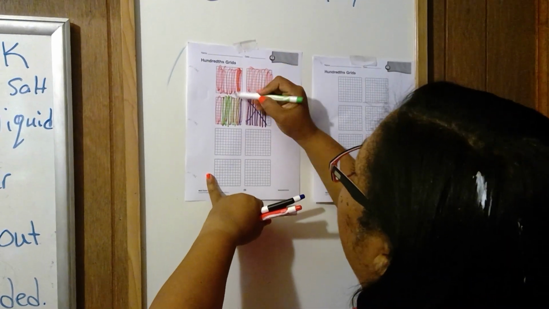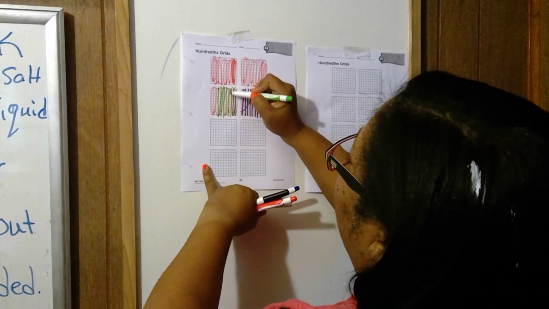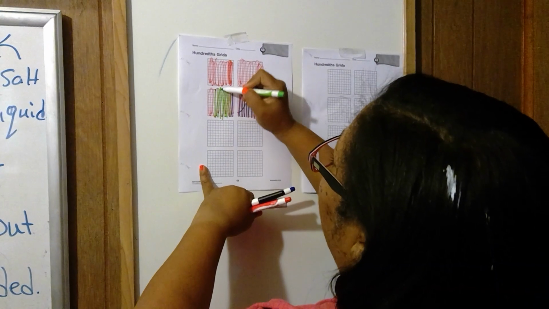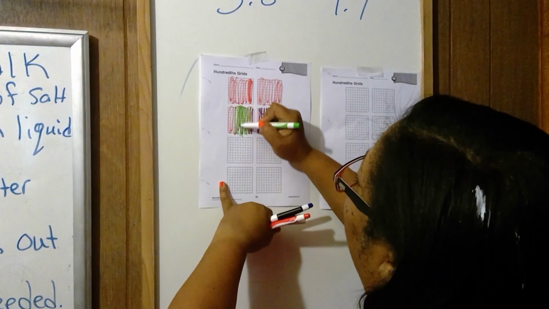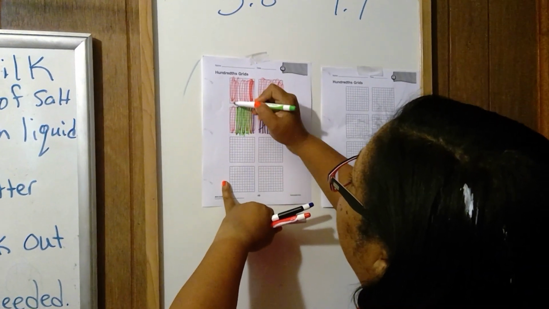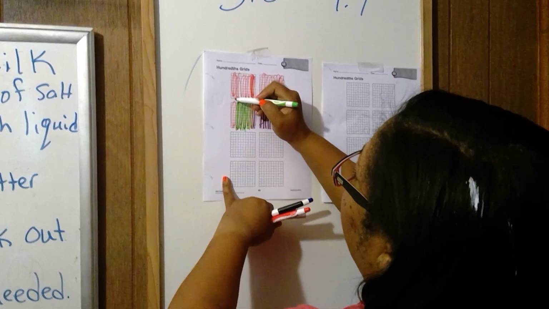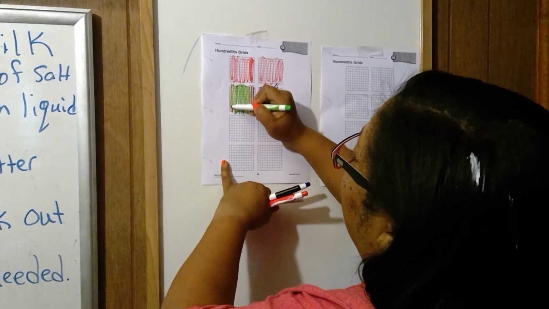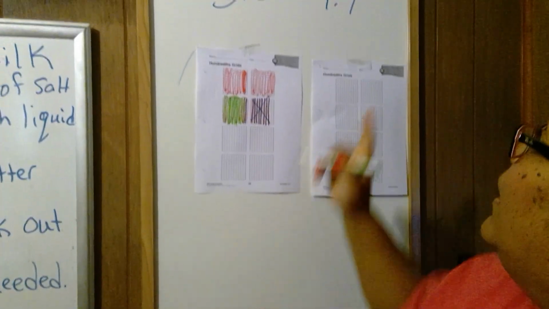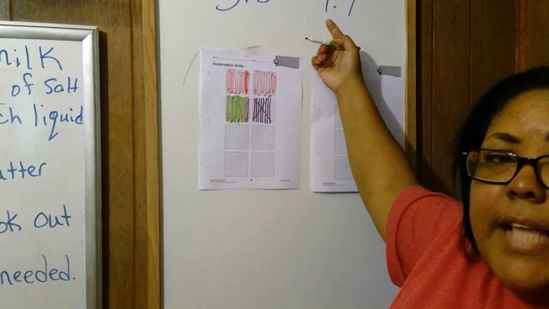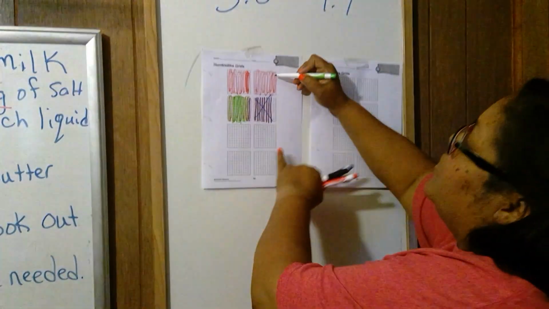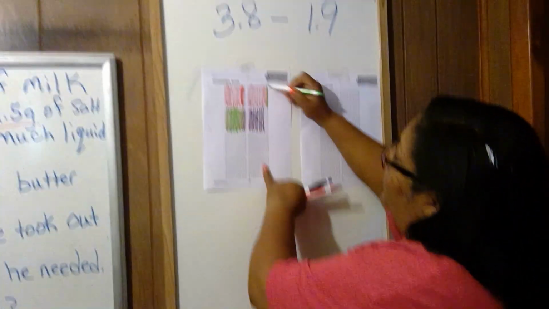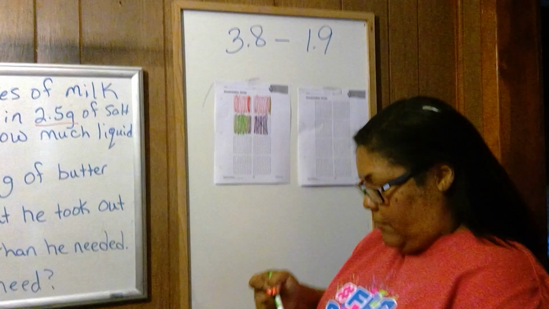I miscounted. Let's start back over. 1, 2, 3, 4, 5, 6, 7, 8, 9. But I need a whole. 9 is not a whole. 9 is only 9 tenths. So one more will make it a whole. So that makes it 10.